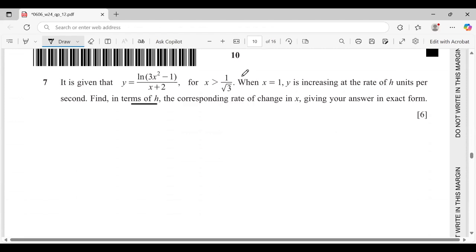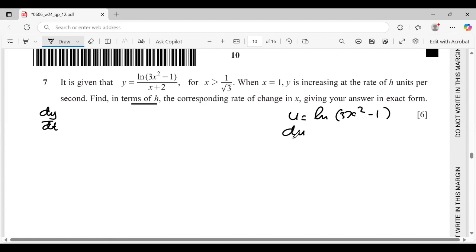Okay, so the first step, I would like to find dy/dt. I will be using the substitution, let u equal ln(3x squared minus 1).